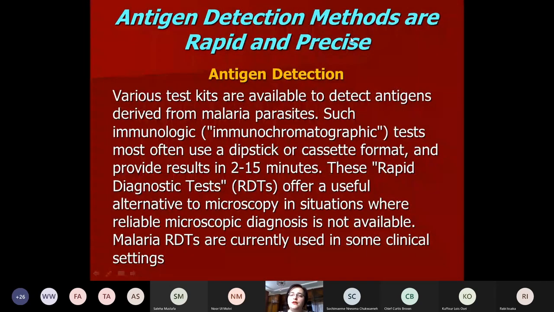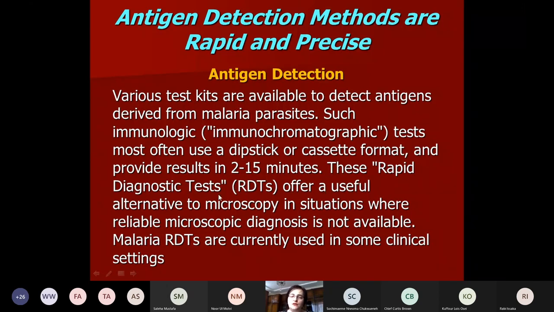Also, antigen detection methods are rapid and precise. Various test kits are available to detect antigens derived from malaria parasites. Such immunochromatographic tests most often use a dipstick or cassette format and provide results in 2 to 15 minutes.